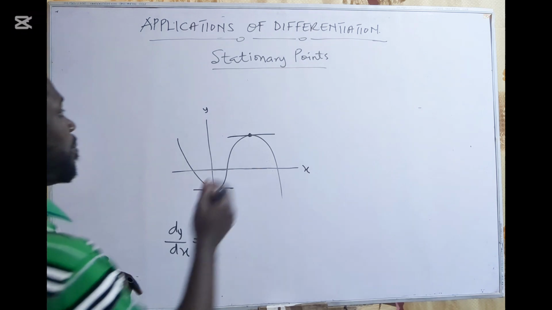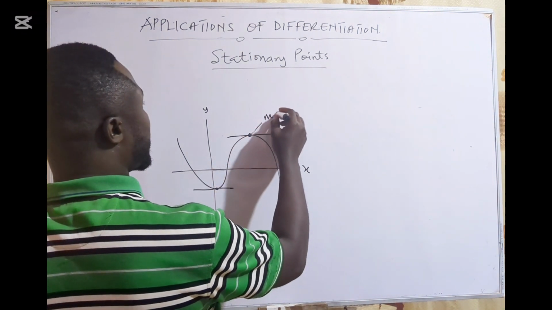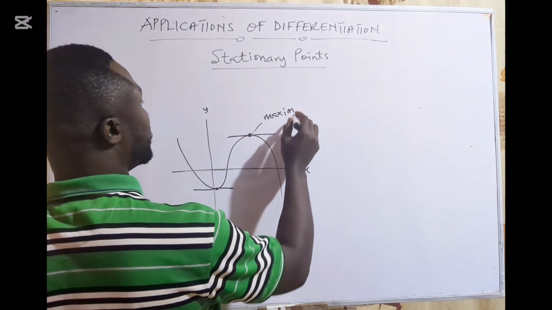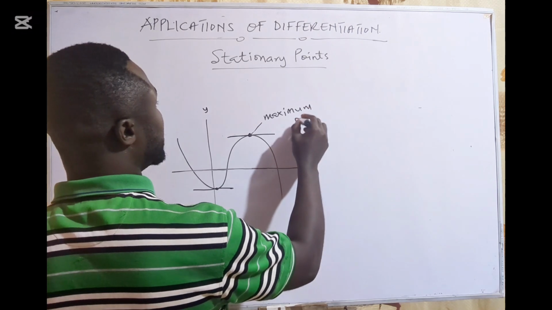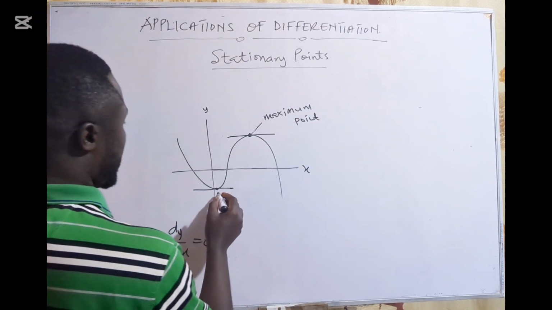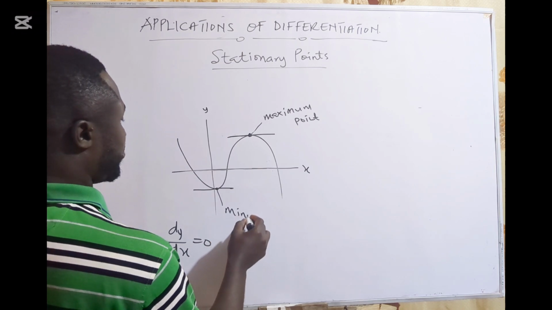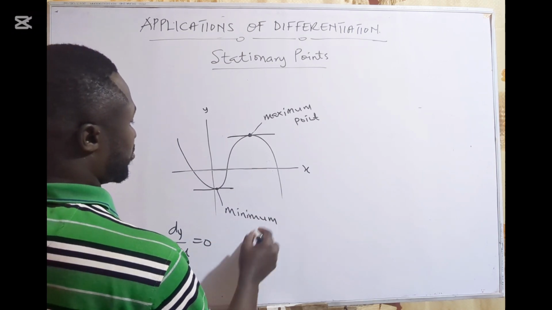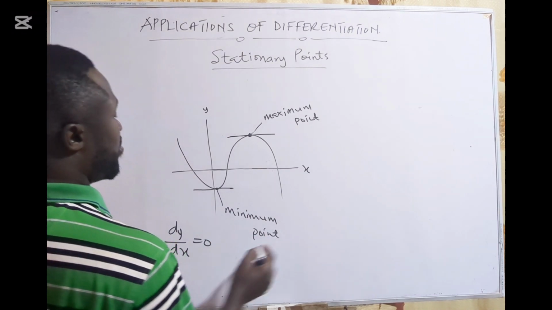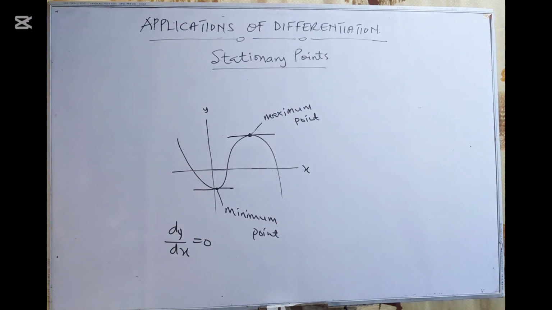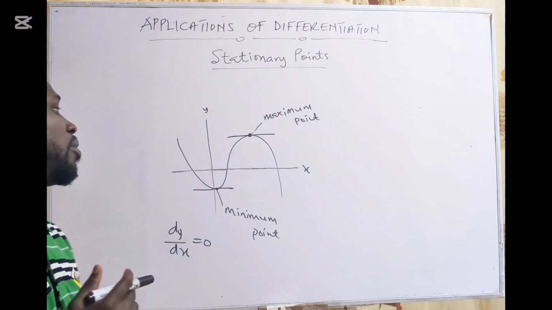At this point the curve will be at the maximum, so maximum point, and then here the curve is at the minimum. So you say the maximum or the minimum point.